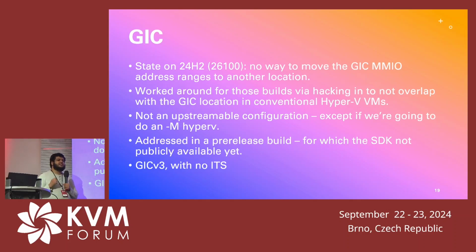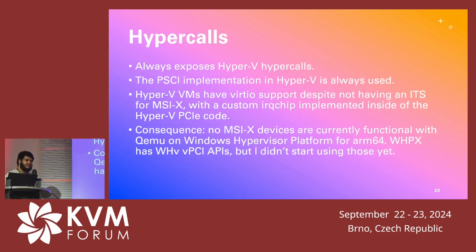So there is no option to use a user mode IRQ chip. On the hypercall side, the Hyper-V hypercalls are always exposed, and there is no way, for example, to trap SMCs so that they get handled in the custom VMM.